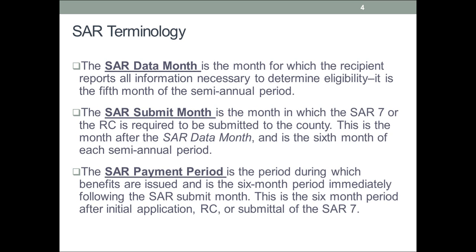This is the 5th month of the semi-annual period, since semi-annual reporting, like Dave was talking about, has 2 reports in a year. The SAR submit month is the month that the SAR 7 or the recertification is required to be submitted to the county. This is the month after the data month. This is the month when they're actually turning in their SAR report, the SAR 7.